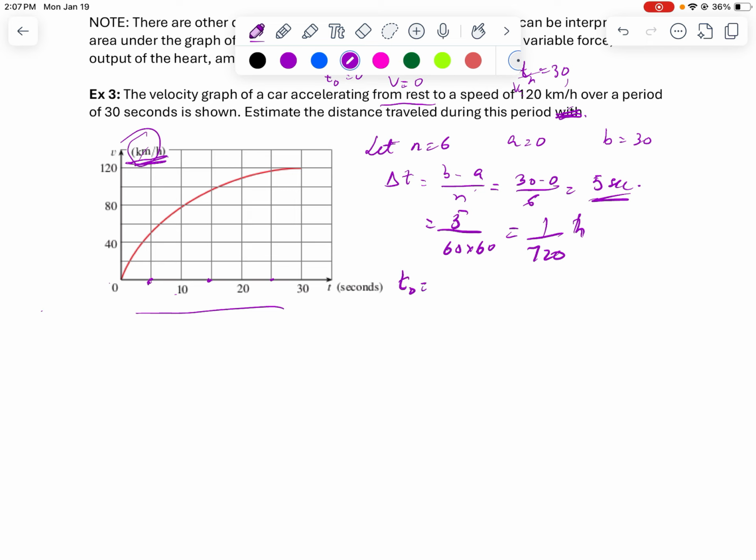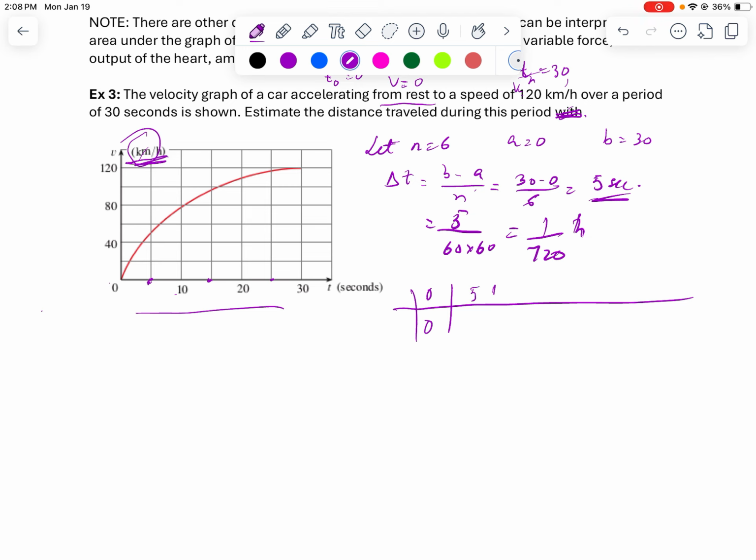Zero. t1 will be 0 plus delta t, which is 1 over 720. Oh, I think let's keep it that way. At 0, this is 0. At 5, yeah, let's do it this way. So t is in seconds, and v is in kilometers per hour.